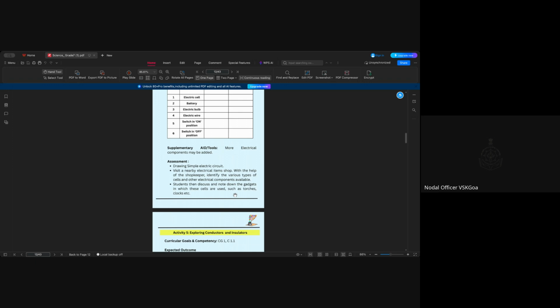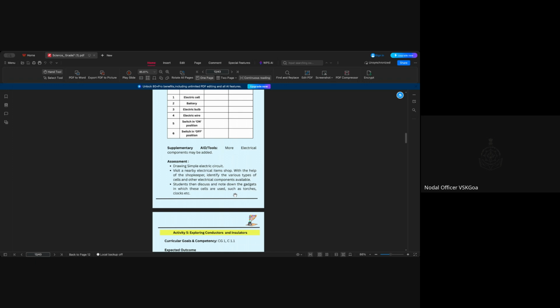So they can see various types of cells and other components which are there when they visit the electrical item shop. And then there could be a discussion on what types of components they have seen. At the same time, you can have two to three variations, wherein you tell them to note down the gadgets in which different types of cells are used, like in torches, locks, or maybe simple AC remotes and the key remote of a vehicle.